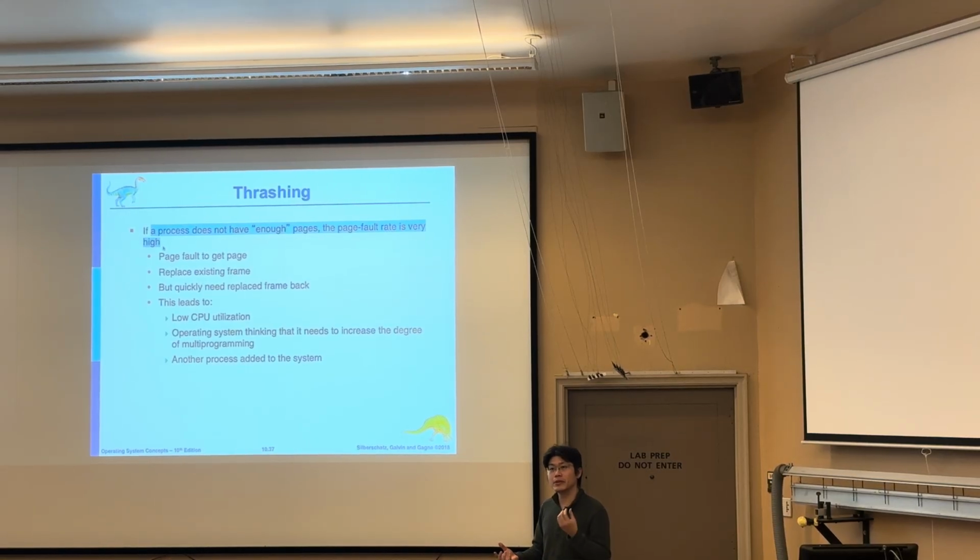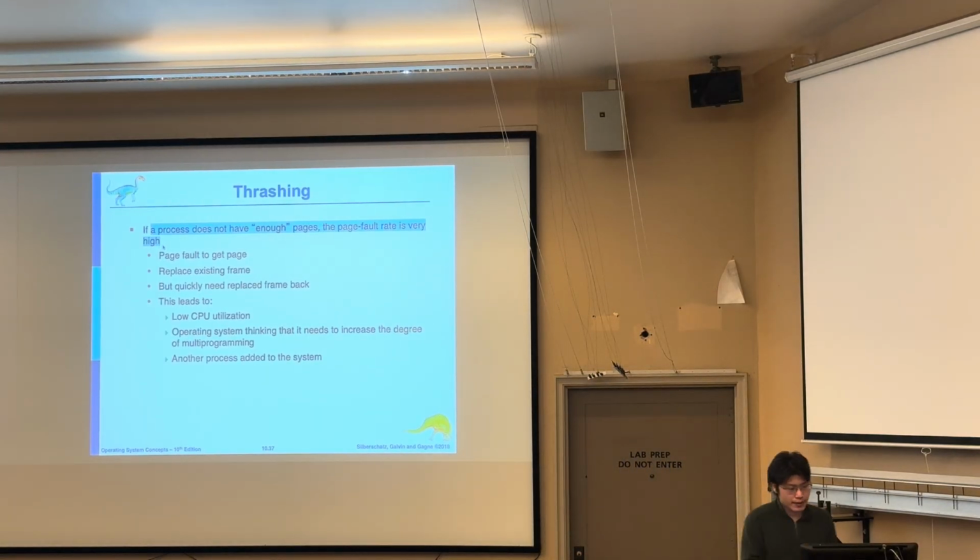Right, so you need to do this disk memory I/O to swap out dirty pages and swap in the new page that you want to bring into memory. Very I/O heavy. So you need a page fault to get the page on disk and replace the existing memory physical frame.